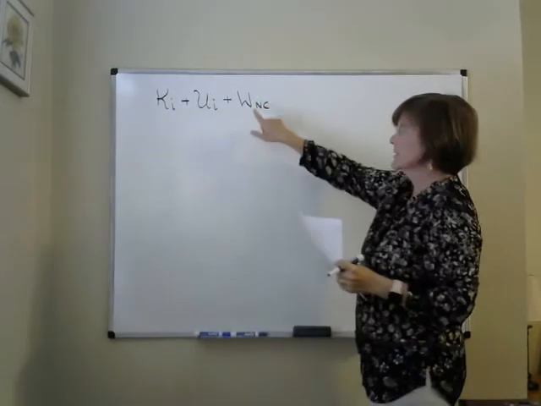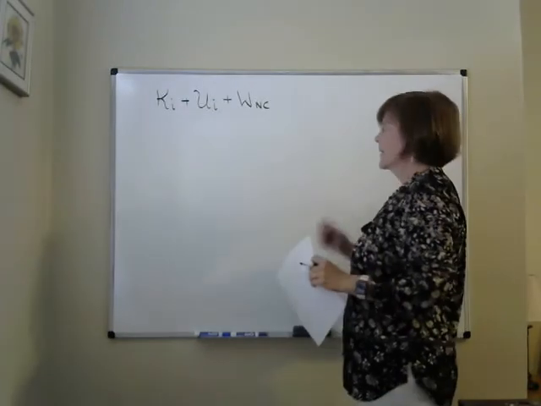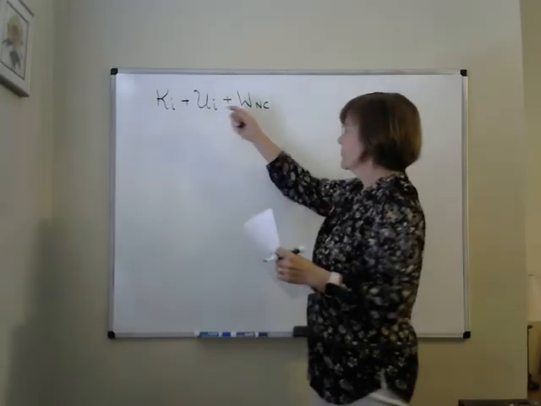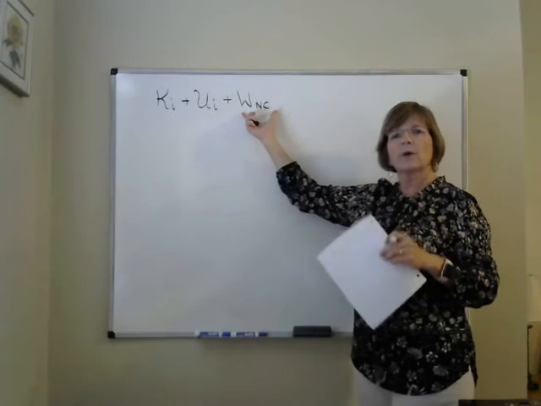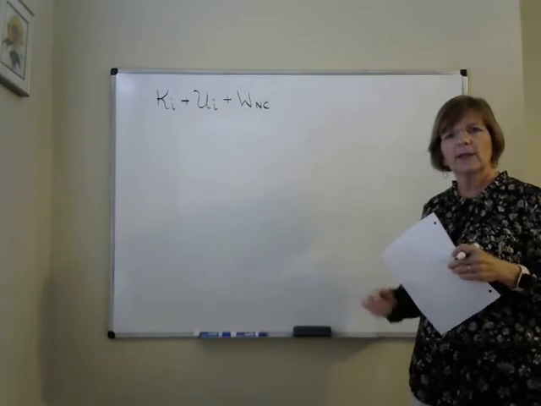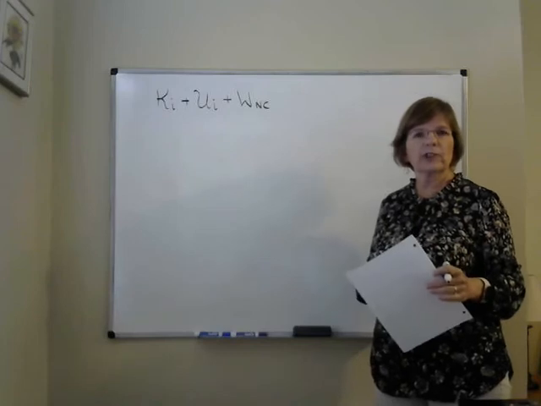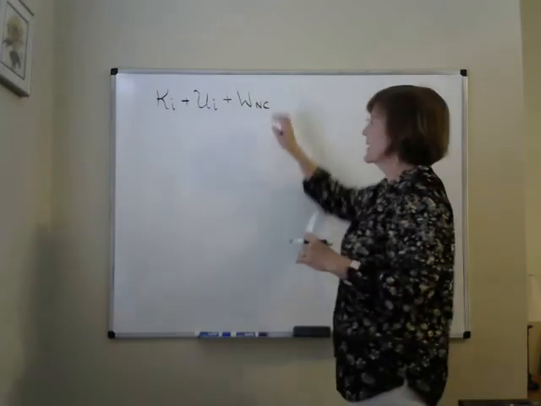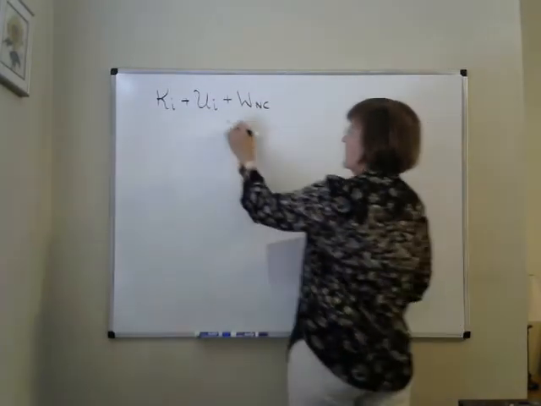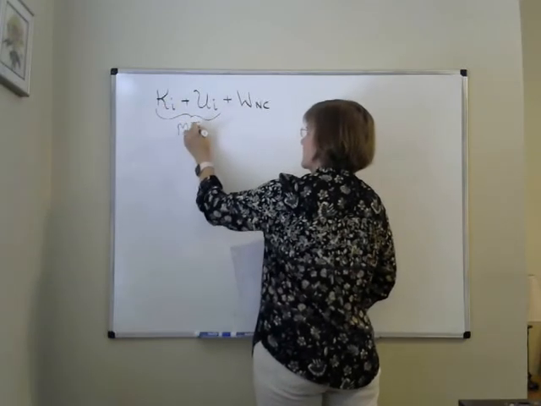The textbook calls this other work. Remember, work and energy have the same units, they're very equivalent. Generally speaking, this other work will be a negative quantity. The work done by friction is normally negative because it opposes the motion. So the force is in one direction, the displacement is in the other direction. So this is a negative quantity that's going to reduce how much mechanical energy you have. Just remember these two combined, that's your mechanical energy.